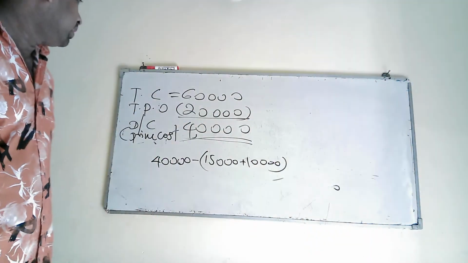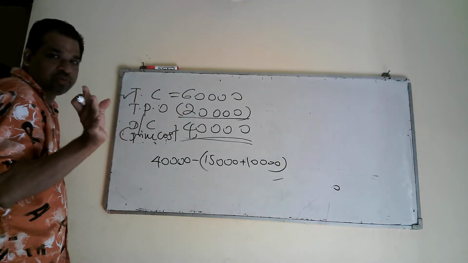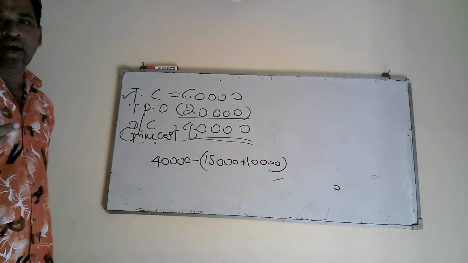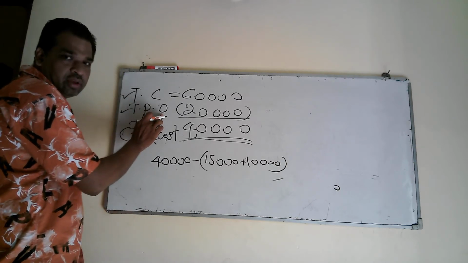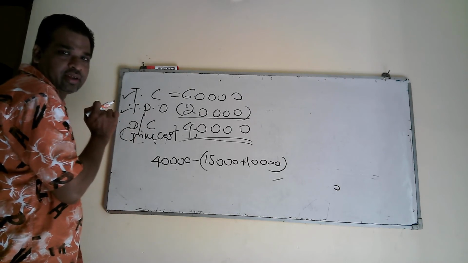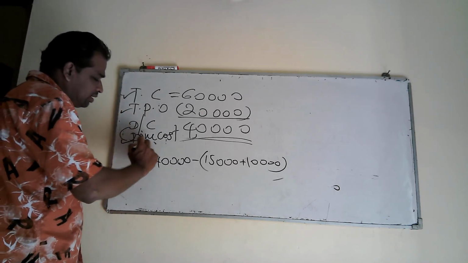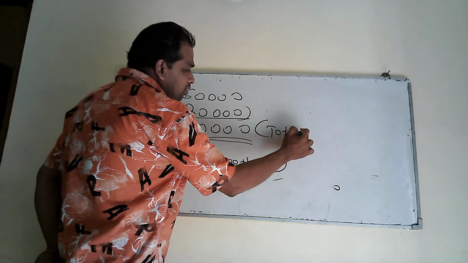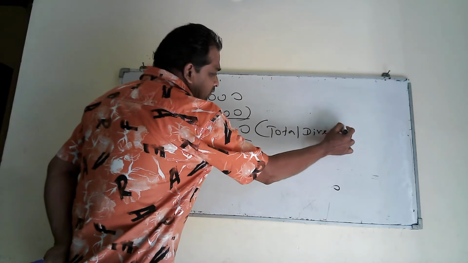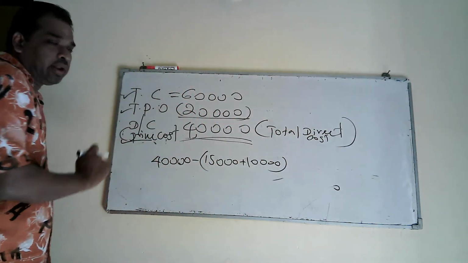If there are any students who could not understand, you can apply this way. The total production overheads given are 20,000. That is the indirect cost. Then you take direct cost. This 40,000 will be the total direct cost.